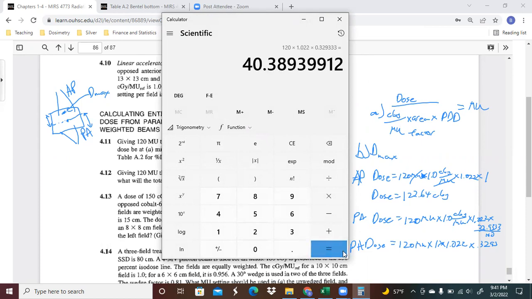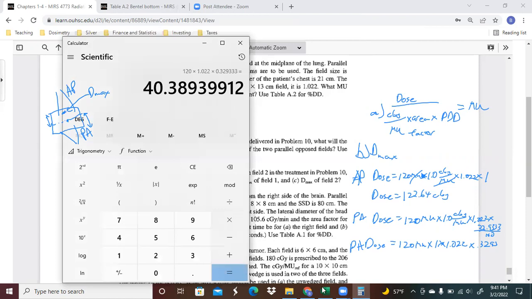So I come up with 40.389. So if I add 40.389 to 122.64, what do I come up with?